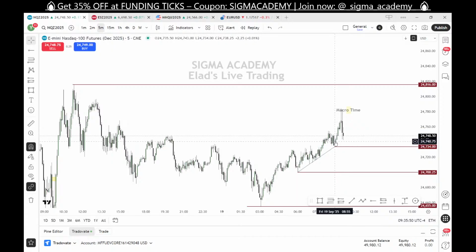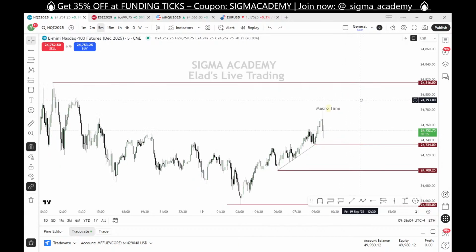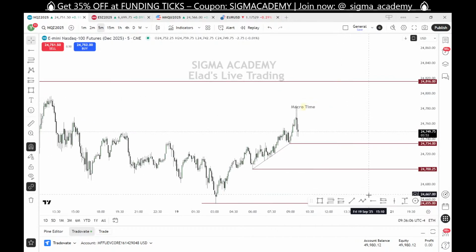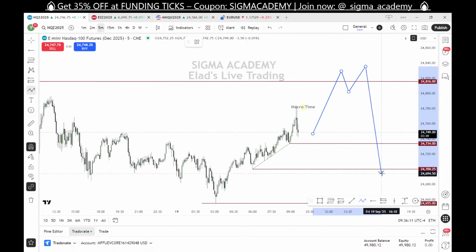This is a great sign, by the way, of these fair value gaps. Maybe we will attack this low, and if we have clear MSS, I will go long to all-time highs. But most probably this is where the market will go.